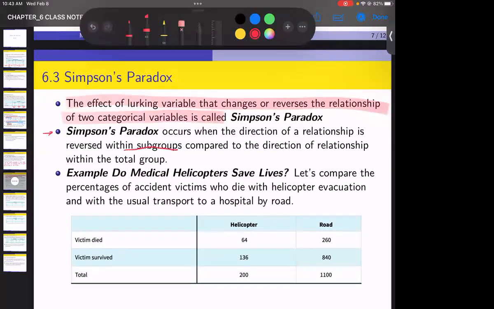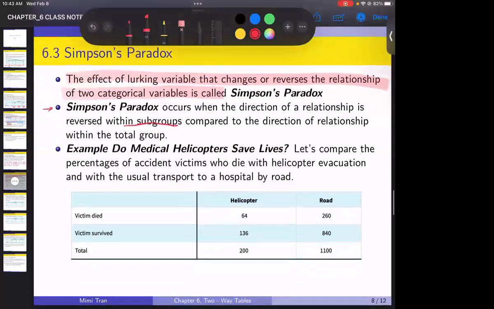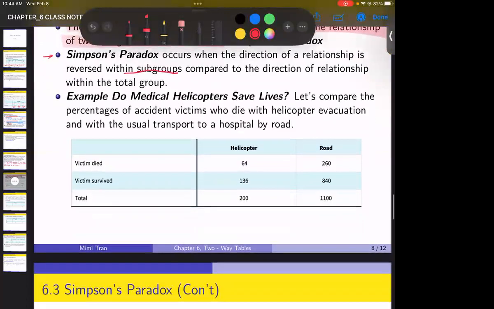Example, let's take an example of helicopters saving lives. Let's compare the percentage of accident victims who die with helicopter evacuation and with usual transport to the hospital by road. If you look at the table right there, the number of people who die while having helicopter transport is 64 out of 200.